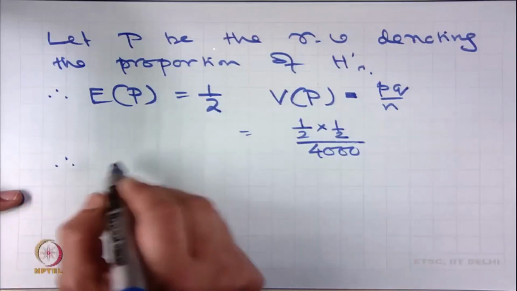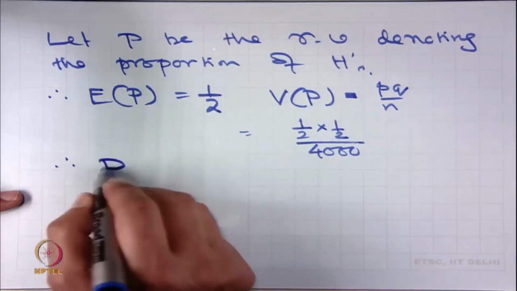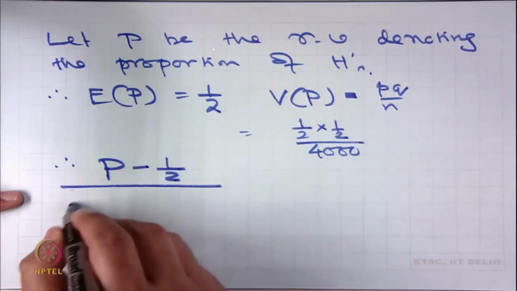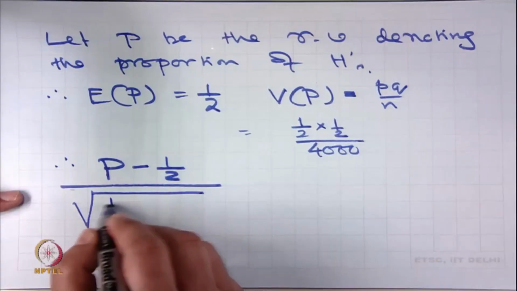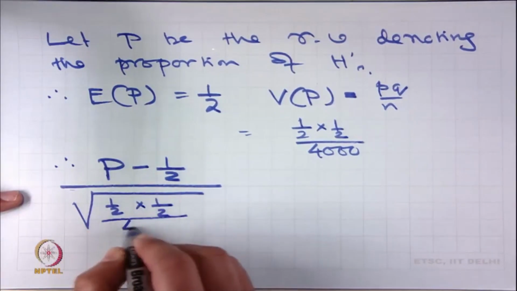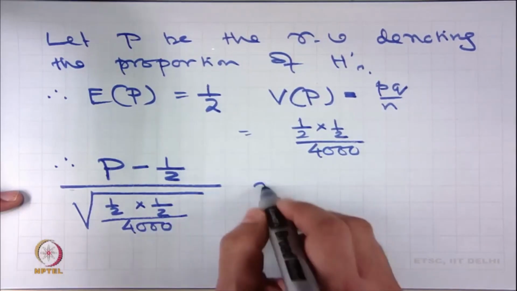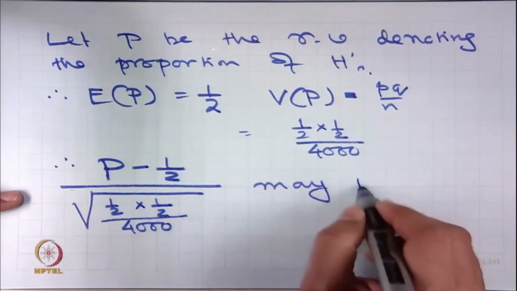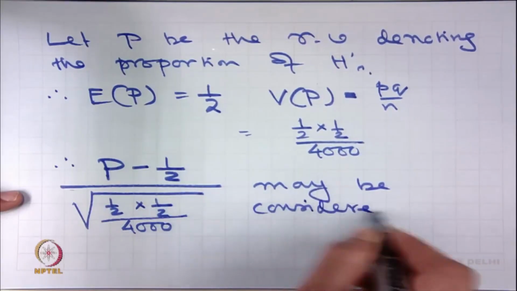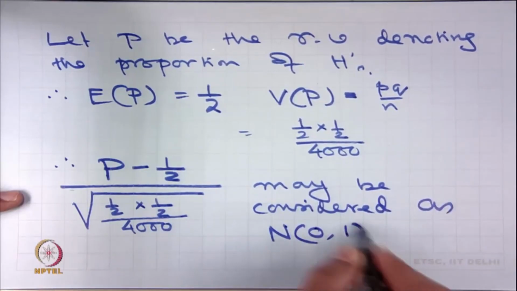Therefore, (p minus half) upon root over half into half upon 4,000 may be considered as normal 0, 1.